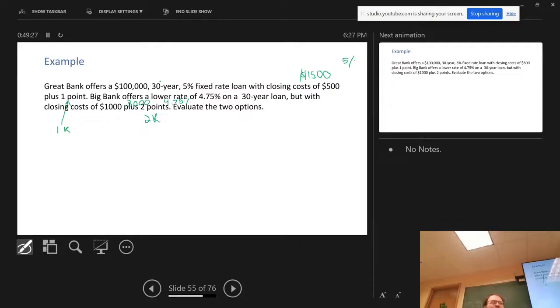Even though it's only a 1/4% different with an interest rate, on $100,000, that's $250 a year. $250 a year across 30 years, be about 7,500 or so, which is about how much you would be saving compared to the 5% interest rate.